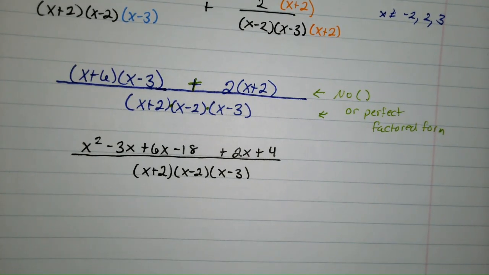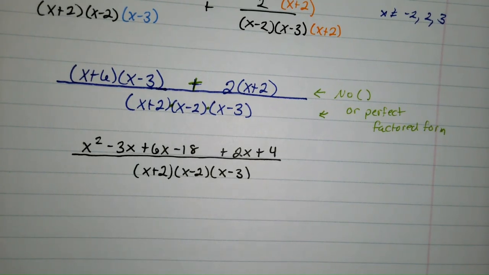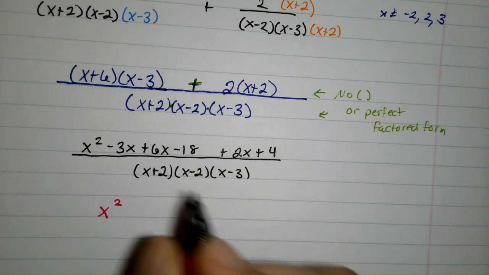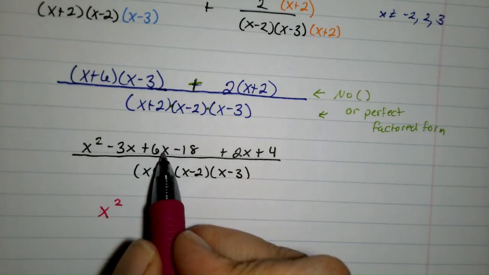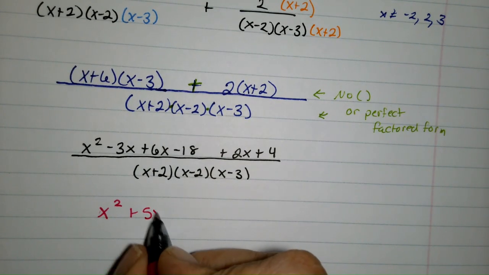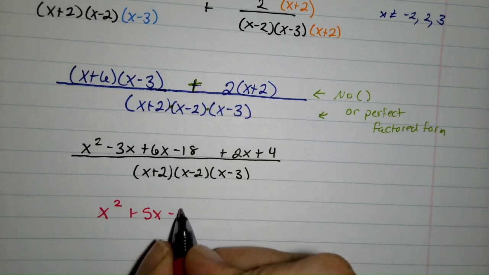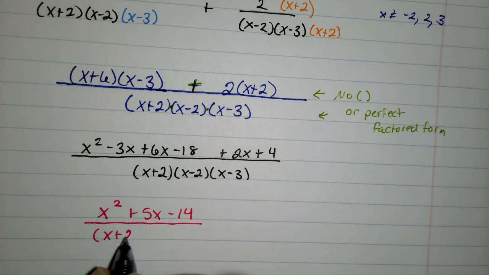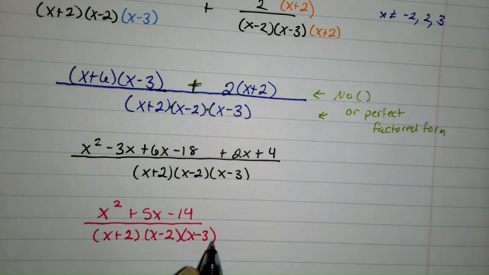So we're going to combine like terms. And I'm just changing colors as we go so you can see each line separately. Negative 3x plus 6x is 3x, plus 2 more x is plus 5x. Negative 18 plus 4 is negative 14. We have a common denominator, (x plus 2)(x minus 2)(x minus 3).